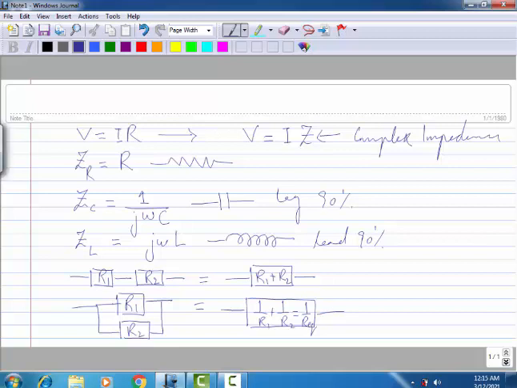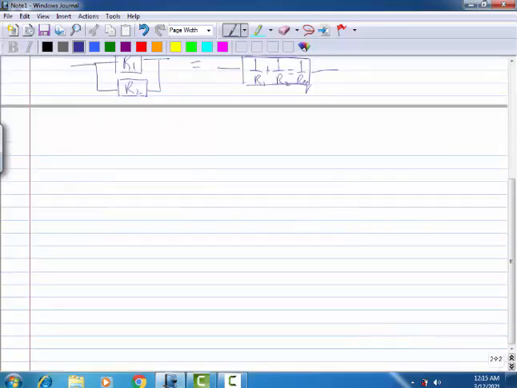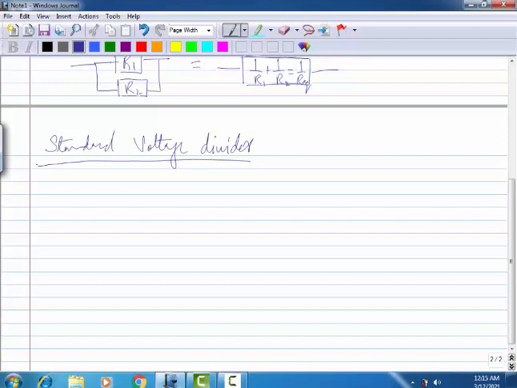Next we look at the standard voltage divider. In a standard voltage divider, we have an input voltage here with a resistance connected, and the current going through is I1.